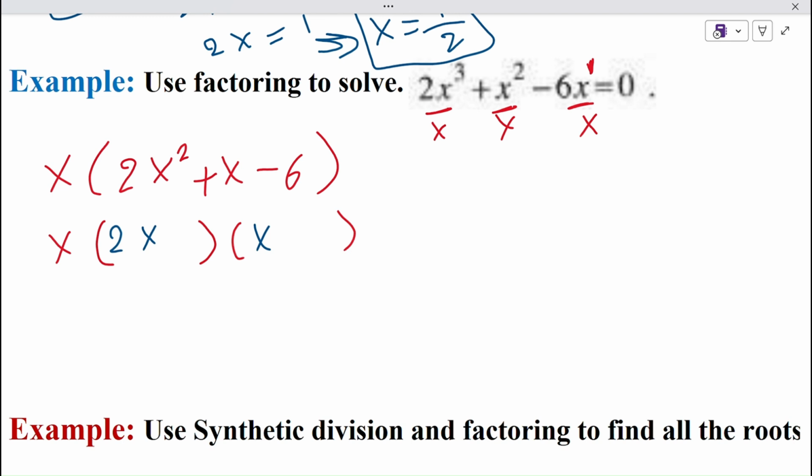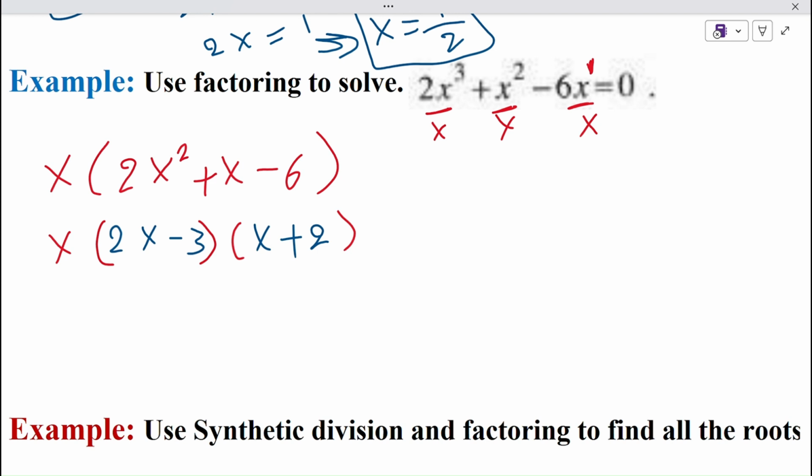We will put down the signs, for example, minus and plus here. So which numbers multiply to equal negative 6? Of course, we know 3 times 2. Let's write 3 times 2 here. Then we will check it.